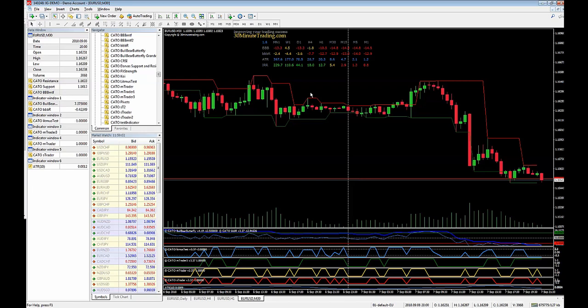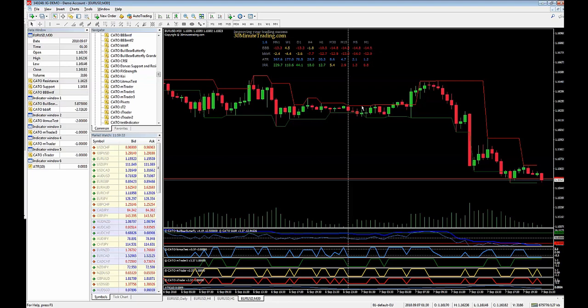The multi-time frame meter tells you what the state is on each one of these. So effectively on the monthly we are completely bear, weekly we are butterfly, daily bear, 4 hourly butterfly but bearish, 1 hour bear, 30 minute bear, 15 minute bear, 5 minute bear, 1 minute bear.